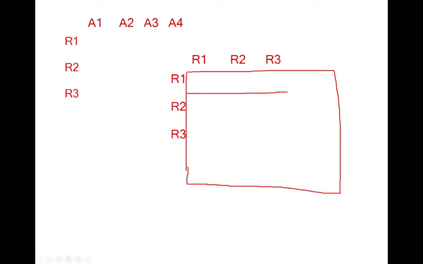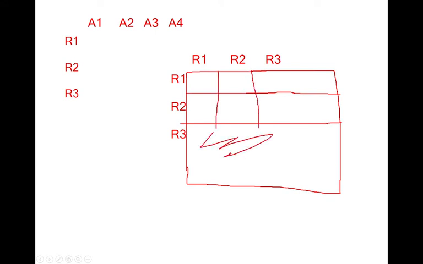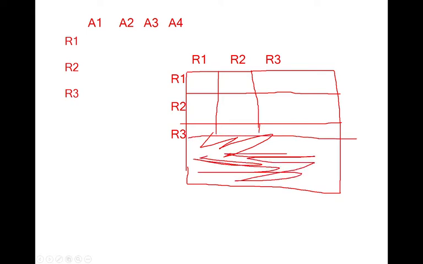So it will be a 2D matrix. Now what will we do? I've made a big matrix, so okay, we can ignore this portion of the matrix, right? So it's a 2 by 2 matrix.